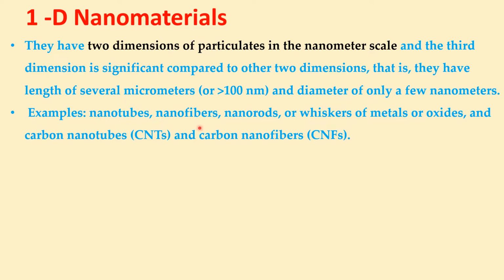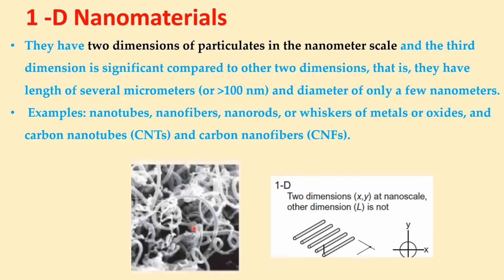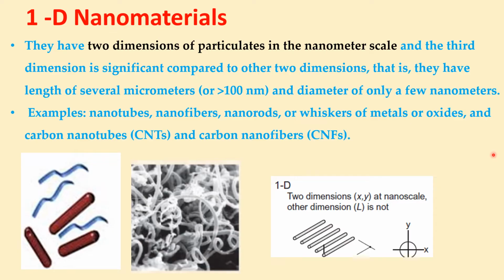These are nanotubes, nanofibers, nanorods, and carbon nanotubes. These all are examples of one-dimension nanomaterials. So they have the length, but the diameter is very small in nanometer range. All the whiskers and these tubes are one dimension nanomaterials.